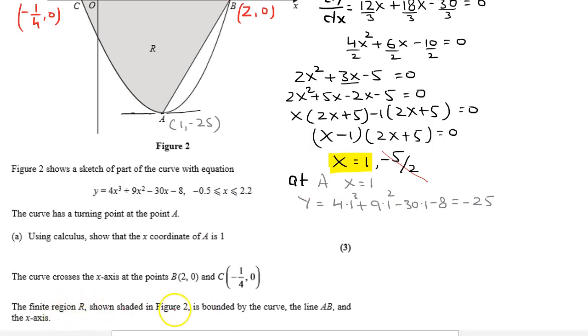The finite region R shown here is bounded by the curve, the line and the x-axis. Use integration to find the area of the finite region R. We have to find this area.